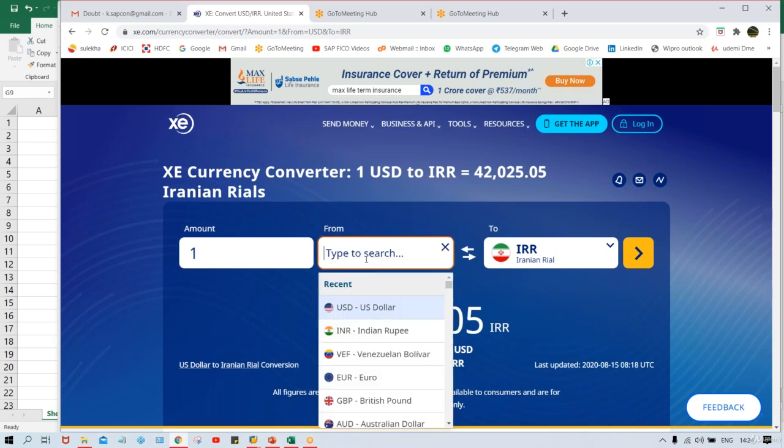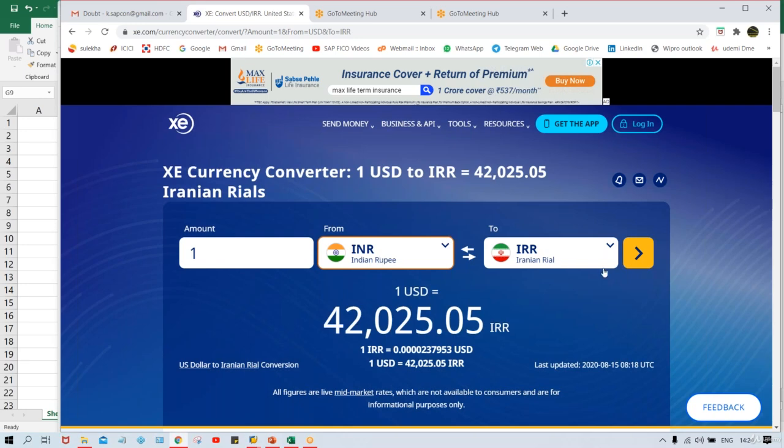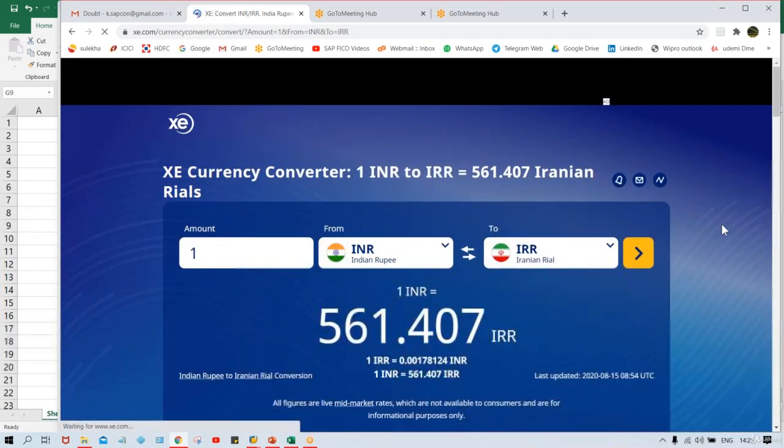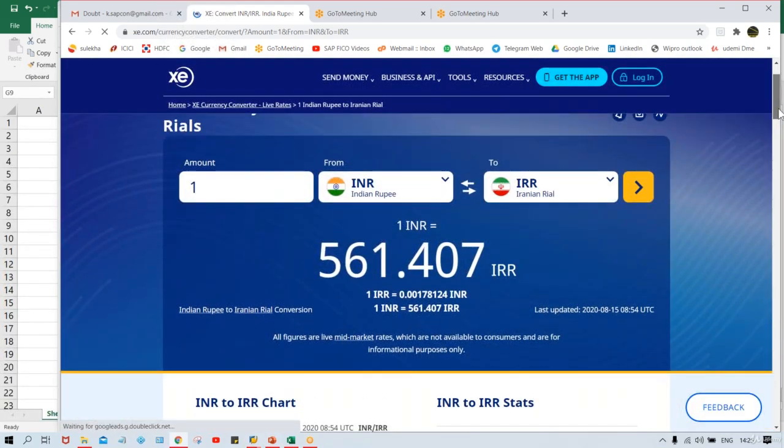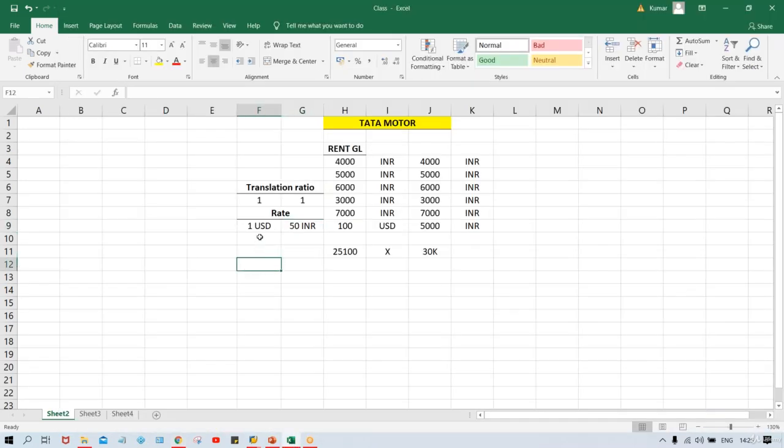Now if you talk about Indian currency being compared with Iranian currency, then here Indian currency value is higher than Iranian currency, right? In this case, what is happening, guys? Look at here, one Indian currency equals how many Iranian currency? 561. So Iranian currency is the foreign currency, right? Iranian currency is the foreign currency.